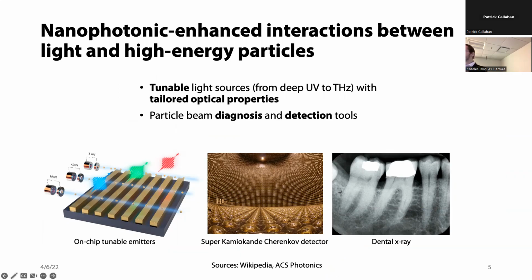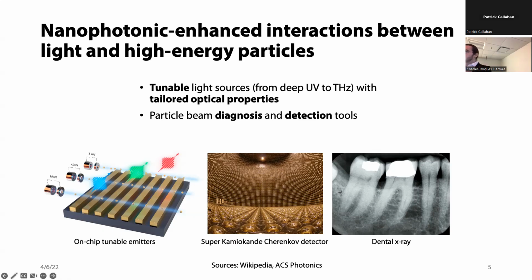And this form of high energy radiation can be used either just as a simple light source, for instance, in the case of on-chip free electron driven emitters, or we can look at the emission from high energy particles as a diagnosis tool, for instance, to detect or get an idea of what the characteristics of the beam of high energy particles are, such as free electrons in the case of, for instance, Cherenkov detection, or X-rays in the case of your average dental X-ray, where scintillators are used to convert X-rays into visible light to make an image.